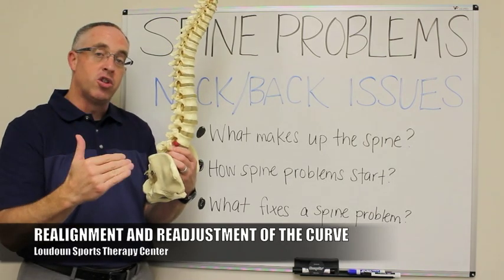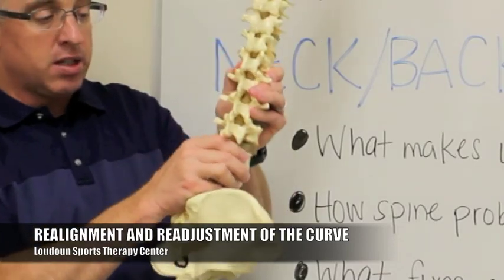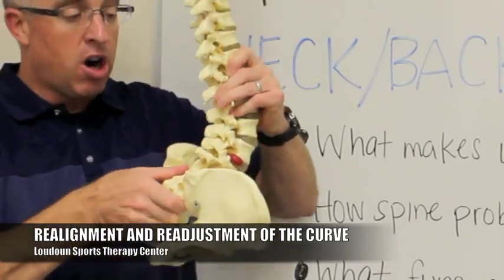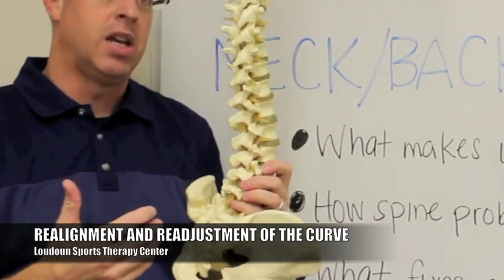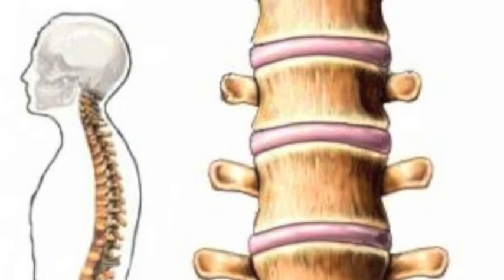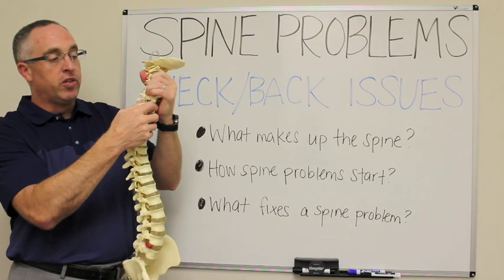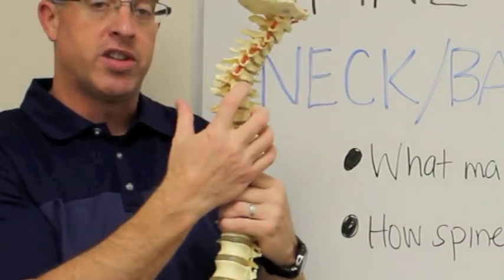Number one, you'll notice that your symptoms start to go down, but more importantly, it's that realignment and readjustment of the curve that allows things to fully heal and get your problem taken care of once and for all. So if you're having any problems in your spine, whether it's a neck problem, again, the curve was lost, something shifts, now you've got a change in the position, you've got abnormal stress and pressure.